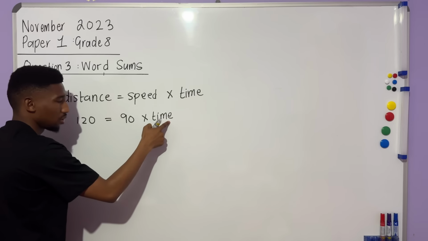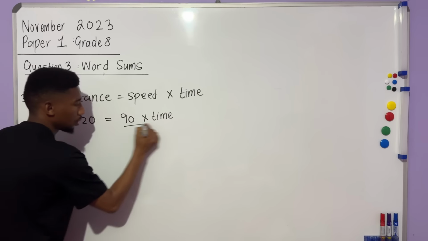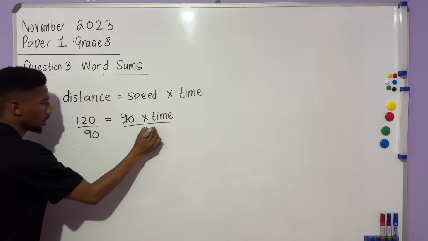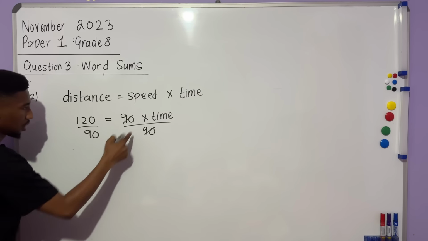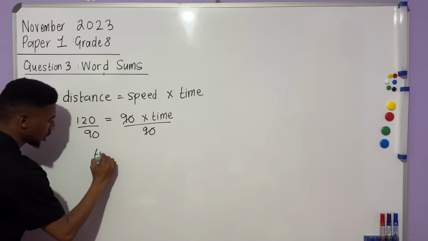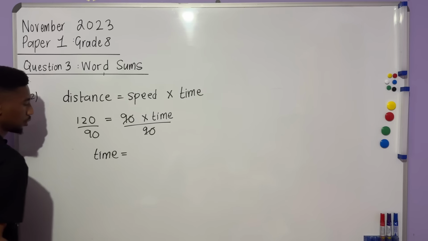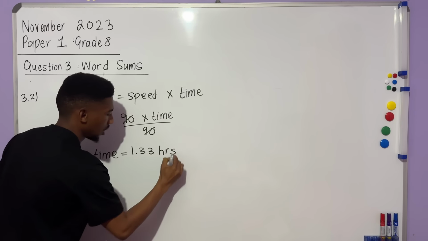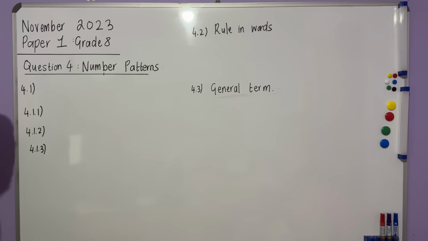This is now, instead of x, it's time. So you're going to divide by 90 on both sides, and I'll just swap that around. Time is equal to 1,33 hours.